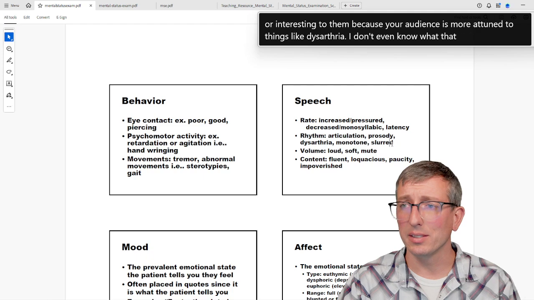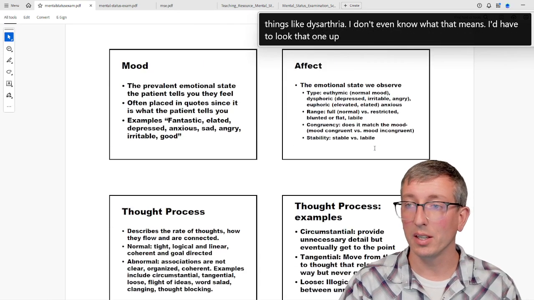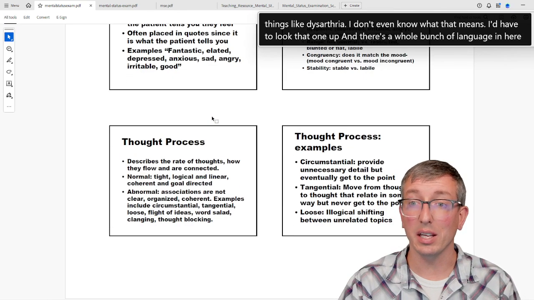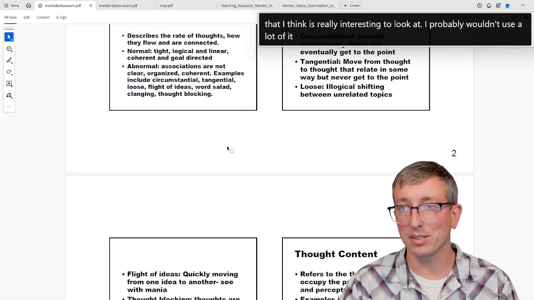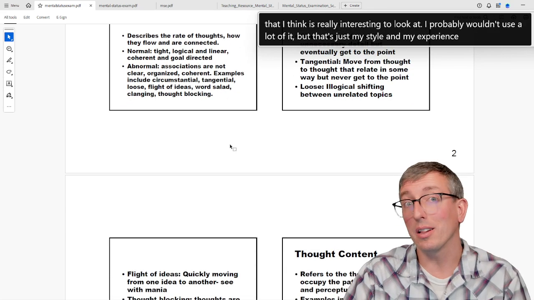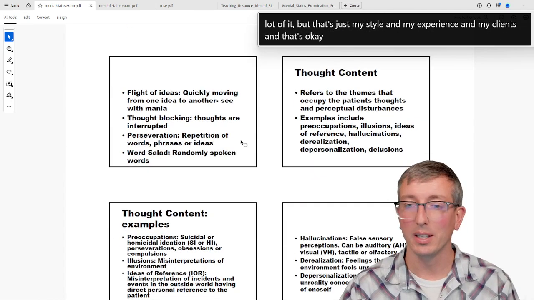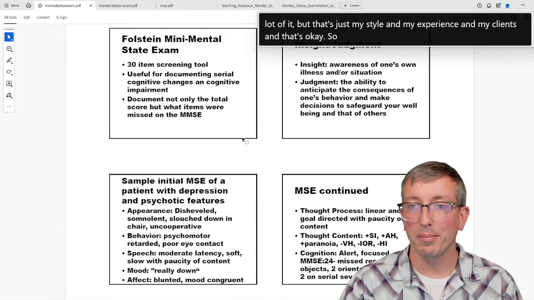I don't even know what that means. I'd have to look that one up. There's a whole bunch of language in here that I think is really interesting to look at. I probably wouldn't use a lot of it, but that's just my style and my experience and my clients, and that's okay, right?